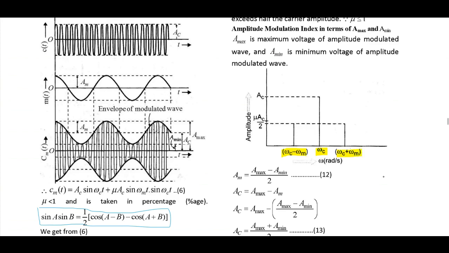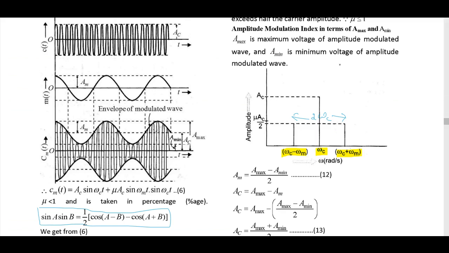Now this is the band. You can very easily see this portion. This length is twice omega m, and this is called bandwidth.